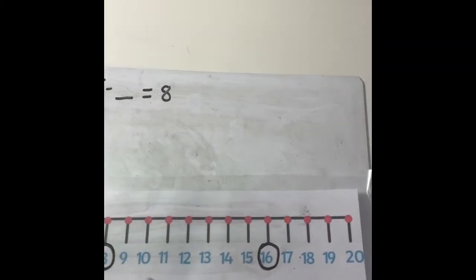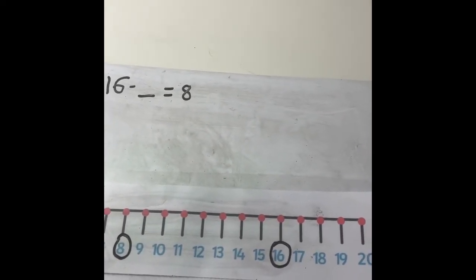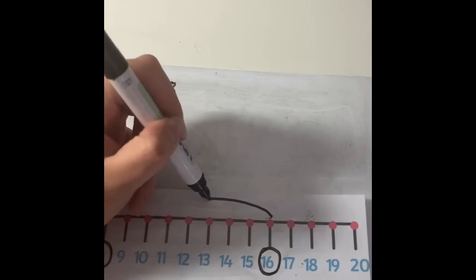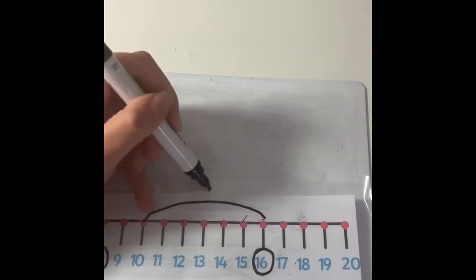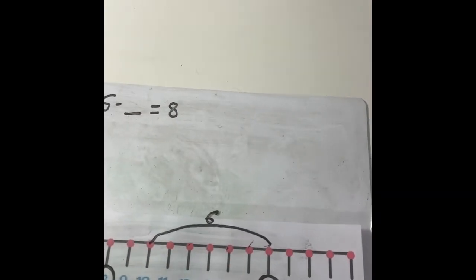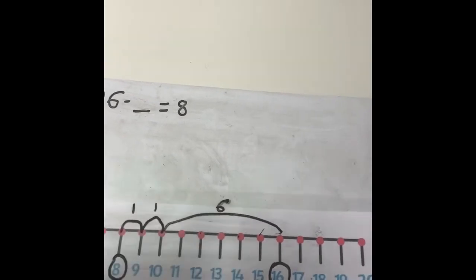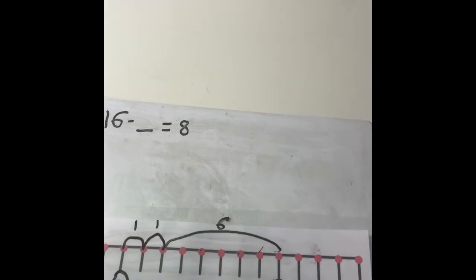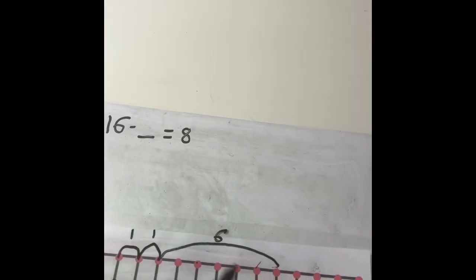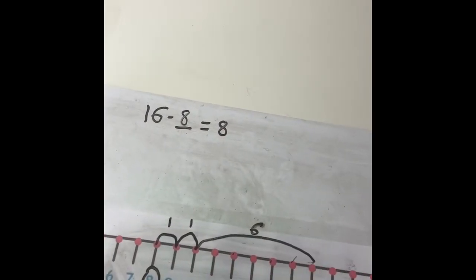Now, I know 16 take away 6 equals 10. So I'm going to jump all the way back here. And I know that is 1, 2, 3, 4, 5, 6. But I still need to get to 8. So I need to go back one more and one more again. So 6, 7, 8. So that means 16 take away 8 equals 8.